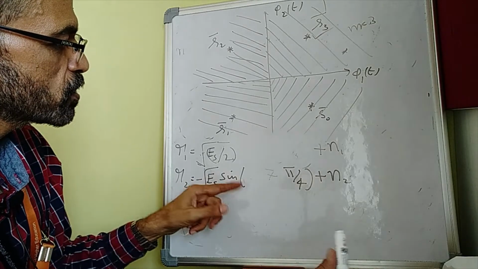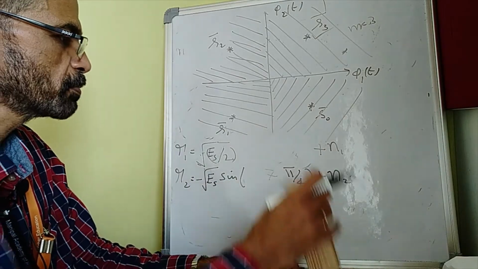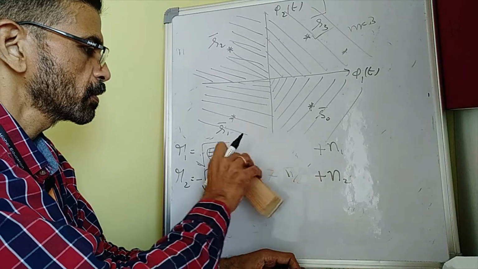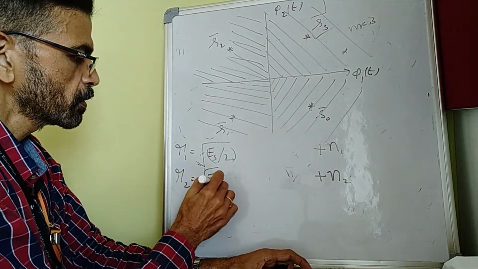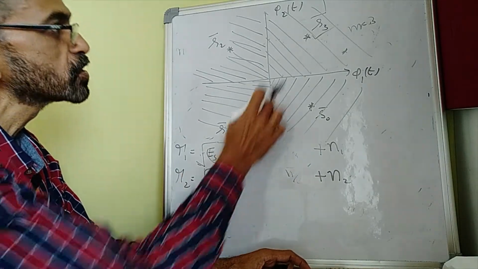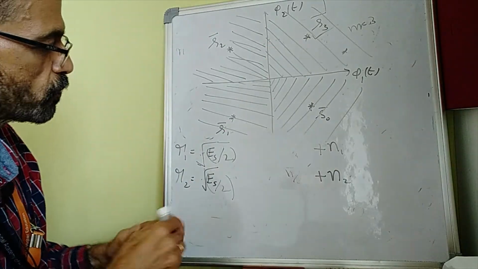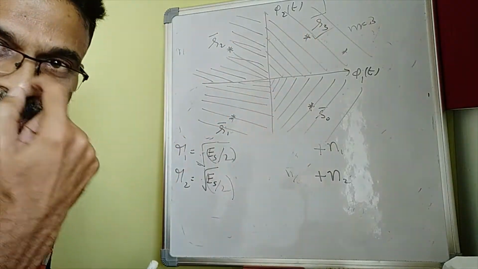So minus root Es times 1 by root 2, the result will be root Es by 2. So that's exactly this point. If it's only these two, then we exactly get this point.